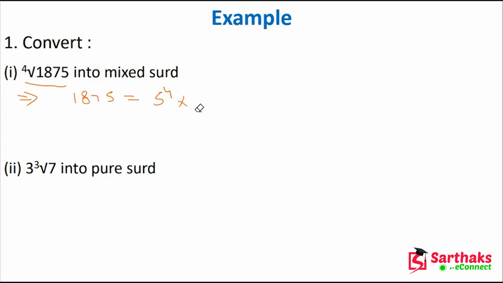So 1875 is equal to 5 raised to power 4 into 3. Now we get 5 under root 3. So this is our mixed surd.